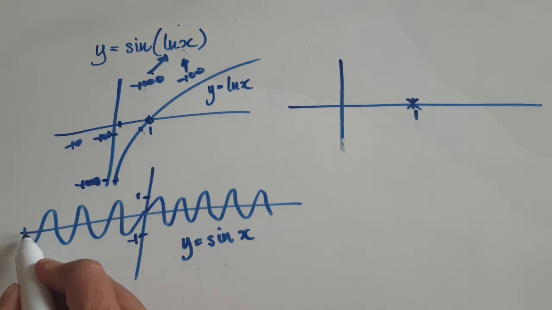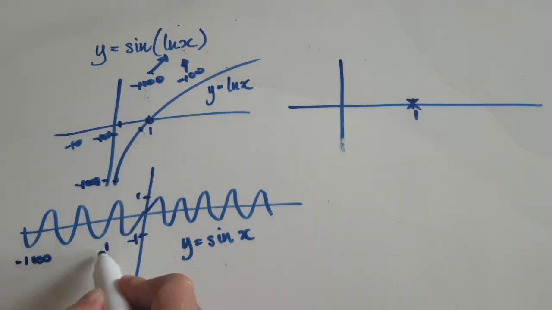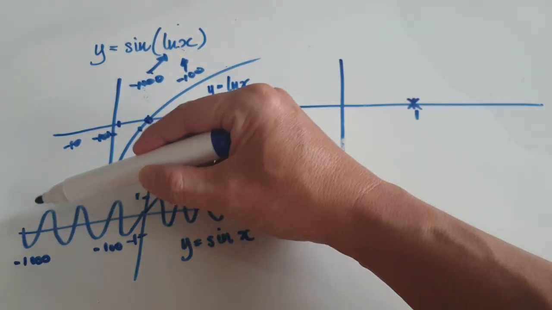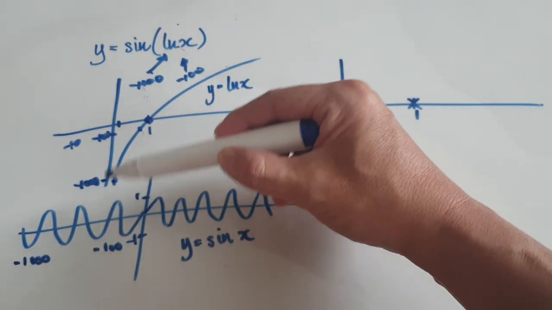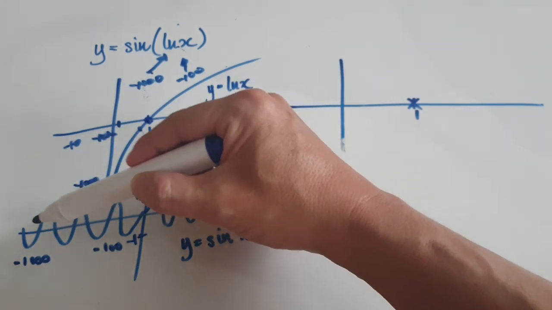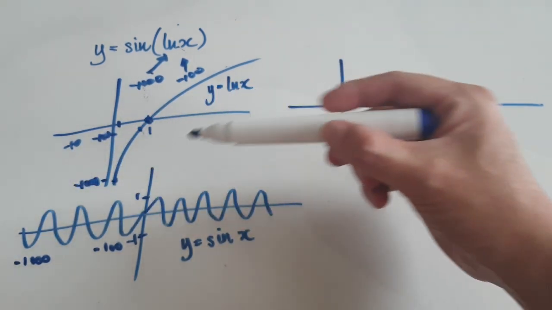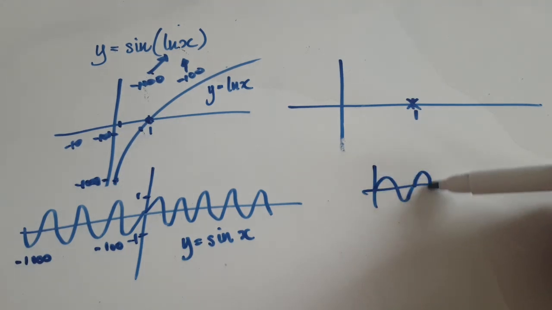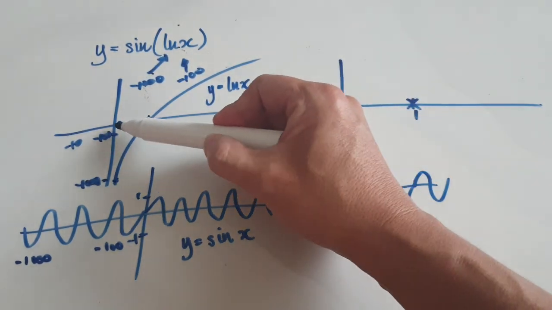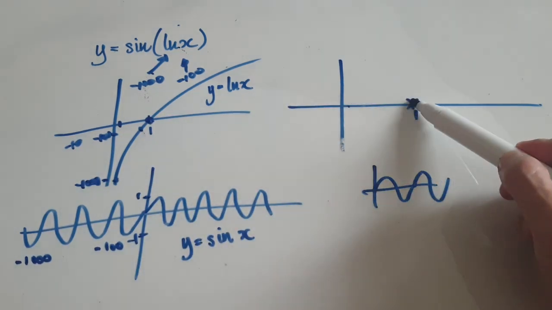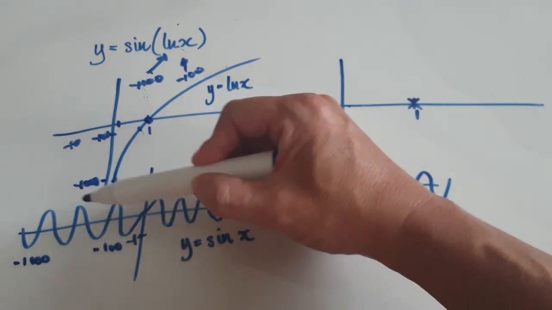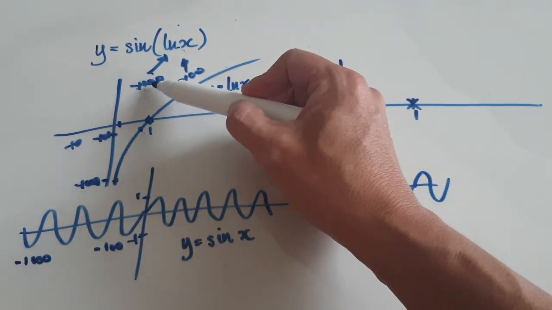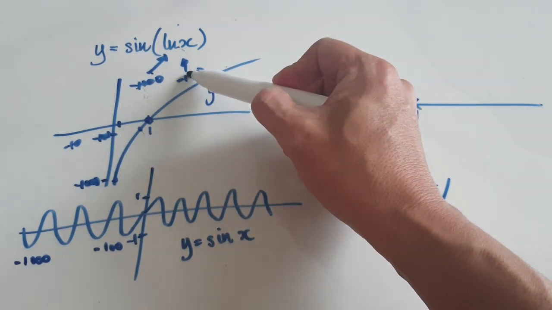In between here and here you're going to have lots and lots of oscillations. Remember, one oscillation is 2 pi, and then 4 pi will be another oscillation. Because it's traveling from -1000 to -100, you're going to have so many oscillations.